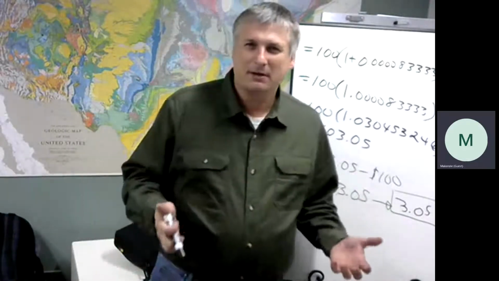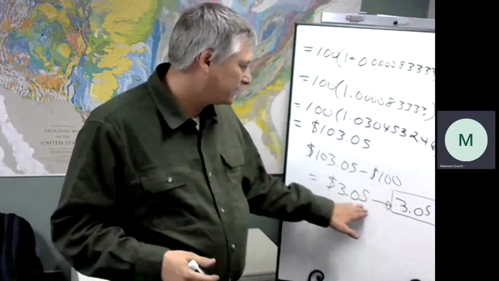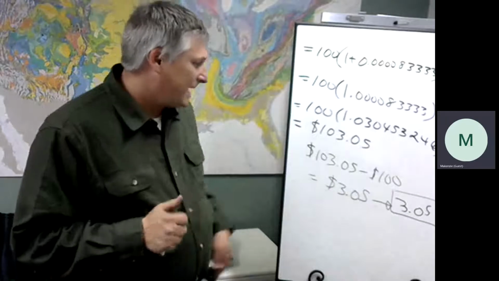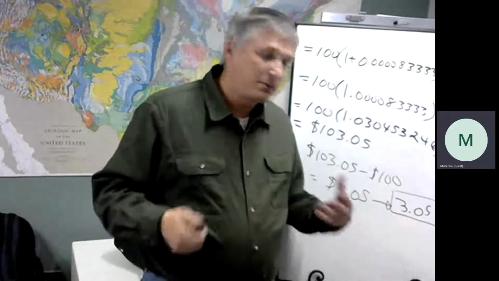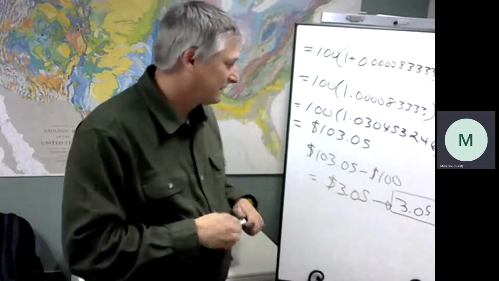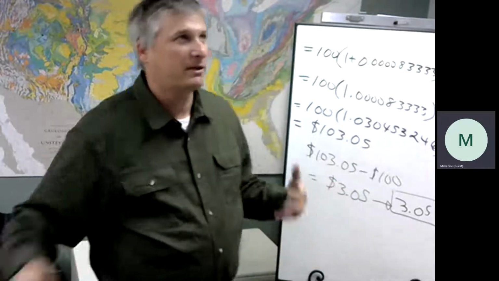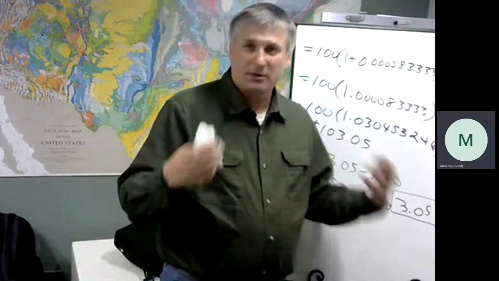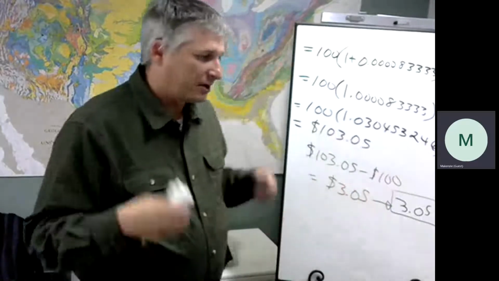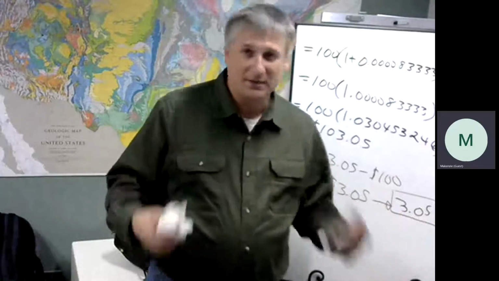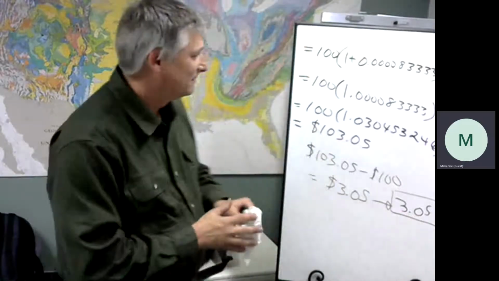The reason we let P be 100 is that the amount over 100 automatically is our percent. So that's the effective interest rate. It's 3.05%, a little bit more than the simple interest rate. With simple interest of 3%, we would get $3 at the end of the year. With compounded 3% interest, we get $3.05 at the end of the year.